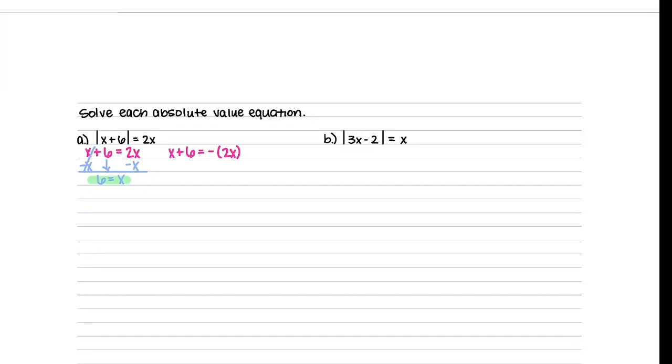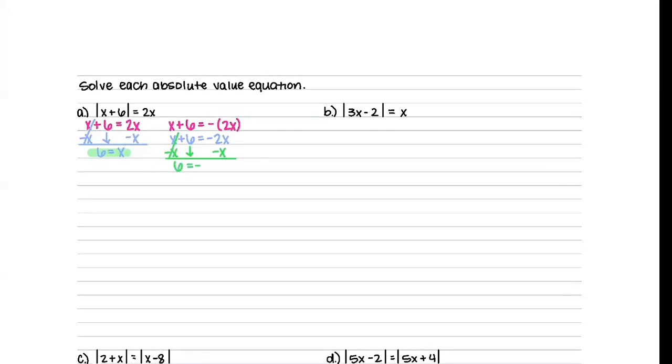With my second one, I apply my negative, or my opposite of 2x. That's going to give me x plus 6 is negative 2x. I subtract the x from each side. This is going to leave me with 6 is equal to negative 3x. I then divide each side by the negative 3.